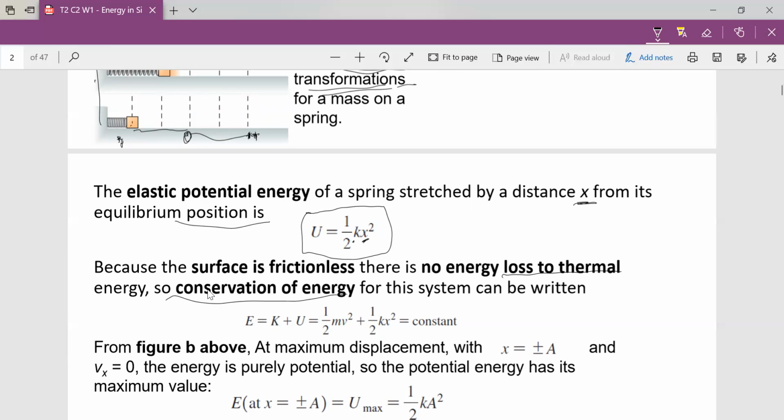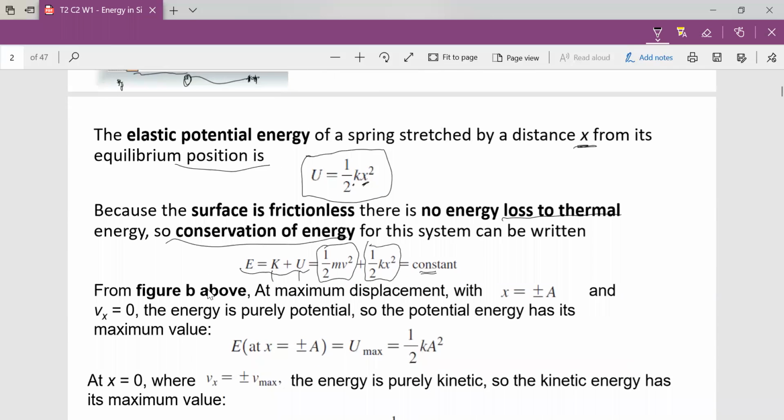Therefore, the total energy of the system, which we've already seen earlier, is the sum of kinetic energy, half mv squared, and potential energy, half kx squared, which equates to a constant. So kinetic plus potential is a constant.